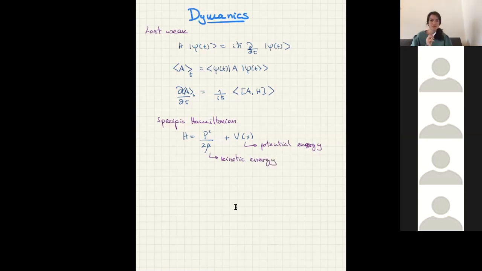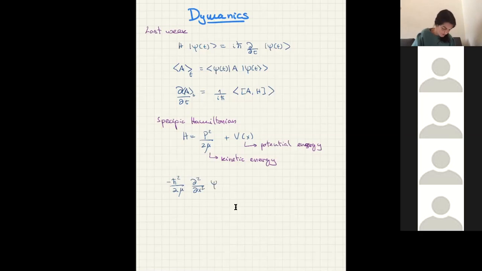Right, and then we saw that for this kind of Hamiltonians, we could write the Schrodinger equation like this. We just applied the operator P directly, and we saw that it was this square.